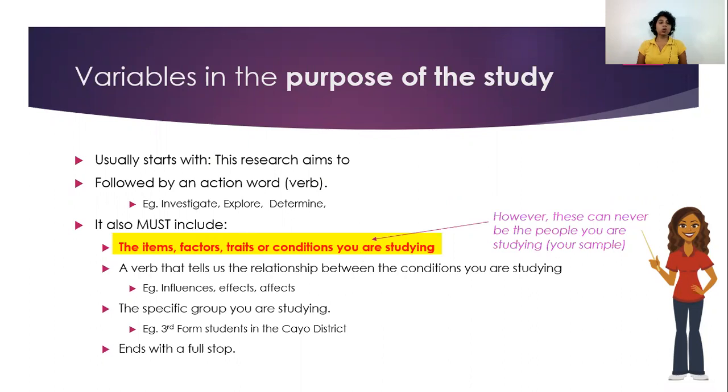It then also includes a verb that tells us the relationship between these factors, traits, or items you are studying, and then ends with the specific group you are studying, that is your sample. And because it is a statement that is declarative, it ends with a full stop.